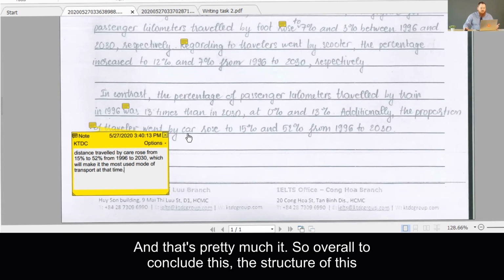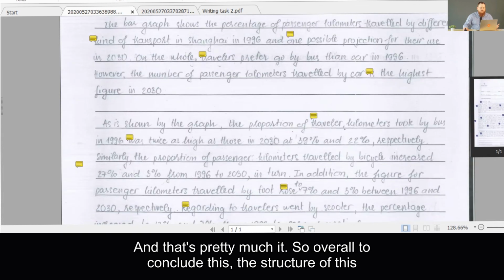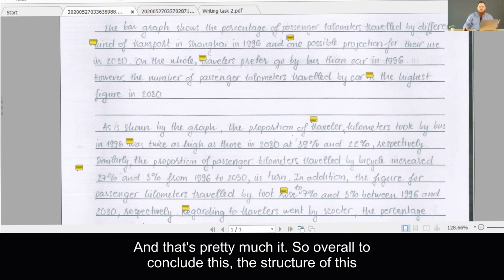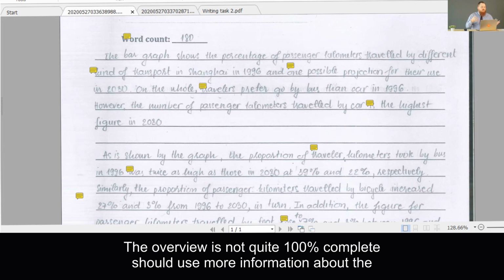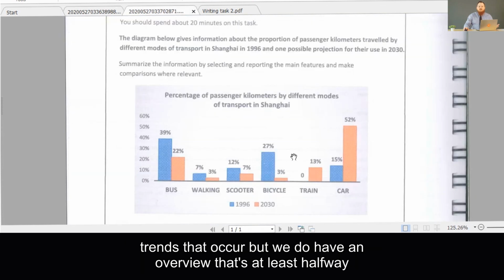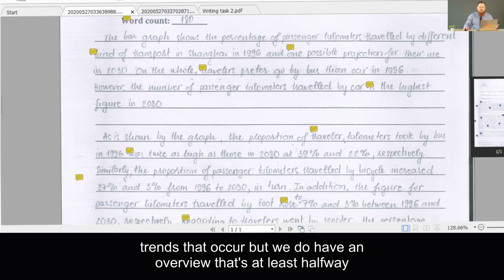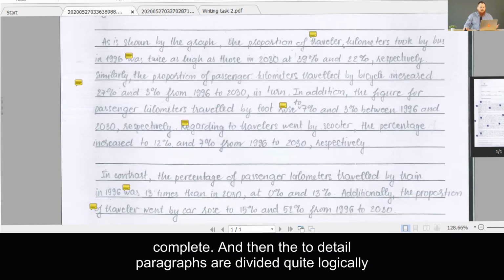And that's pretty much it. So overall, to conclude this, the structure of this report overall is quite good. It has an introduction, it has an overview. The overview is not quite 100% complete. Should use more information about the trends that occur. But we do have an overview that's at least halfway complete.